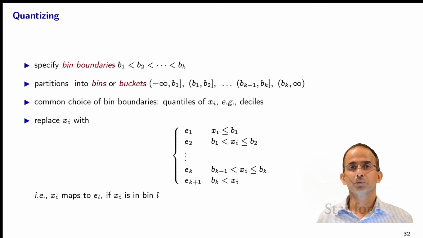And you might say, well, why would you ever do that? And the answer to that kind of question is always the same: this is the kind of thing you try and see whether it works. The only way to know whether or not it's better is to try it and validate. Sometimes you may believe that the cases where x is in these different bins are really different situations, and so the predictor should treat them differently.